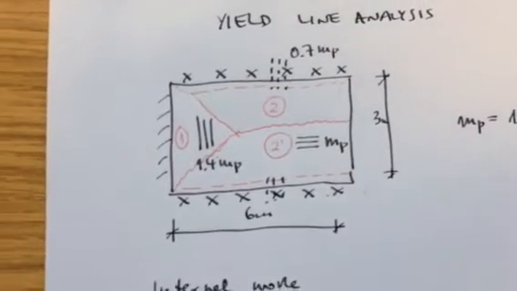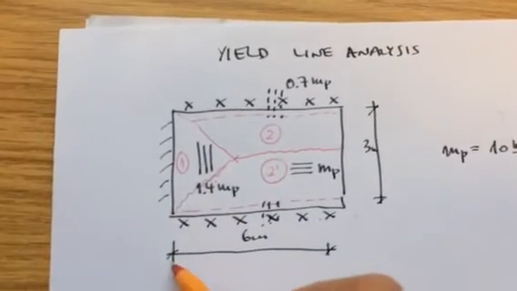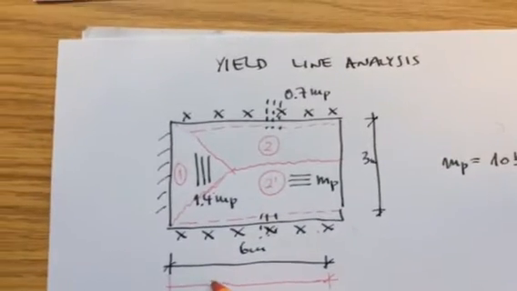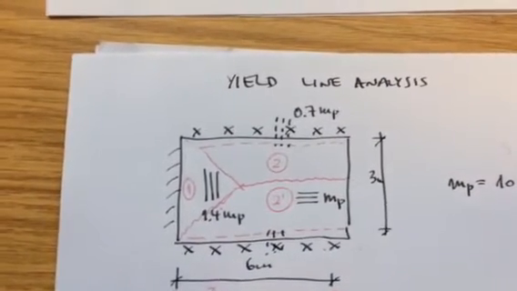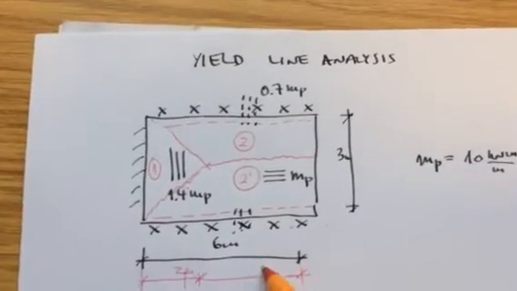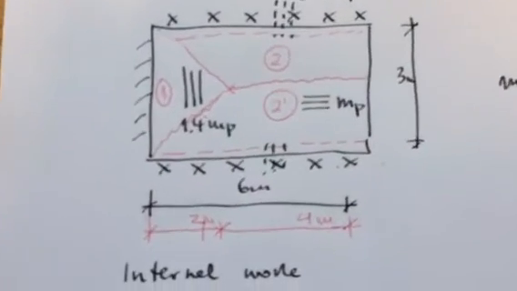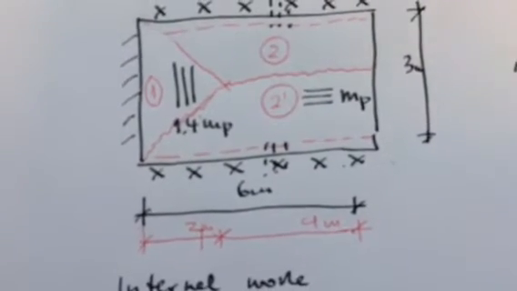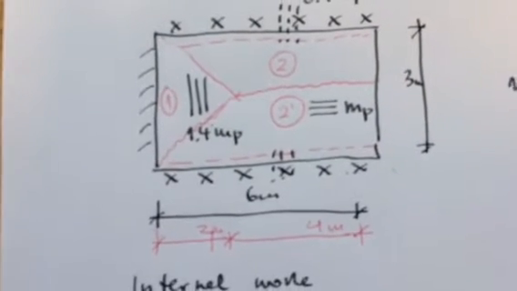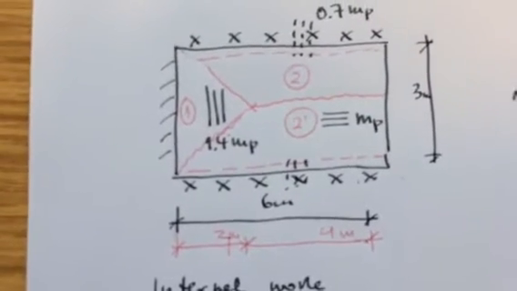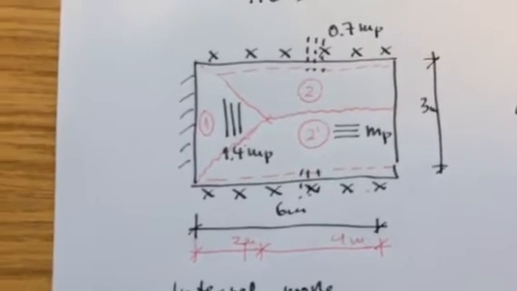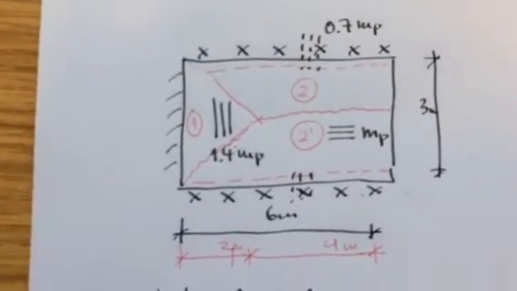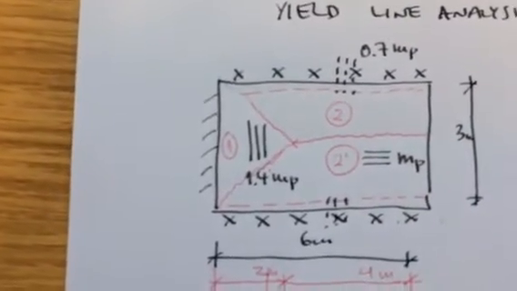In this case, the length is not shown. Let's take it as 2 meters. This is assumed, obviously. To find the exact one, the correct procedure should be followed, but assuming that this length is 2 meters, the rotation is then delta divided by 2.